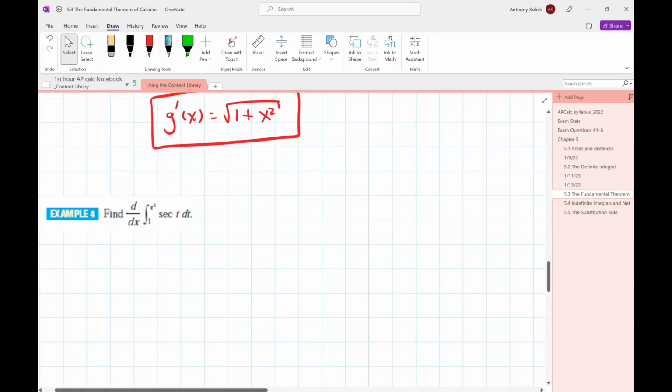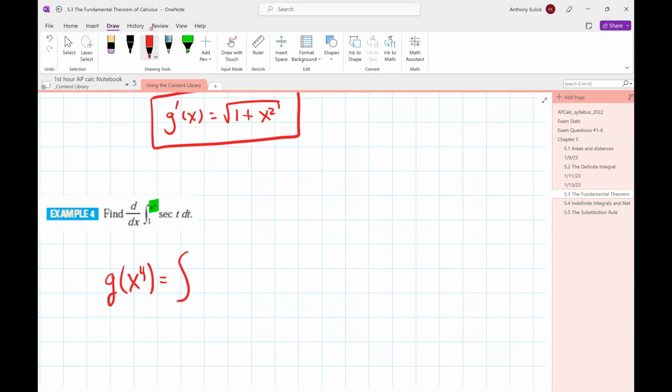Let's look at this next one. What's the problem here? That is x to the 4th. So really what we have here is g of x to the fourth, where g of x is the integral from 1 to x of secant t dt. I went ahead and rewrote it as a composition.